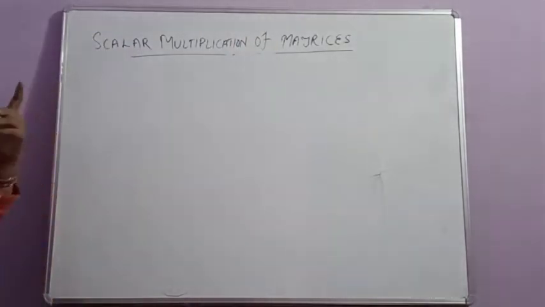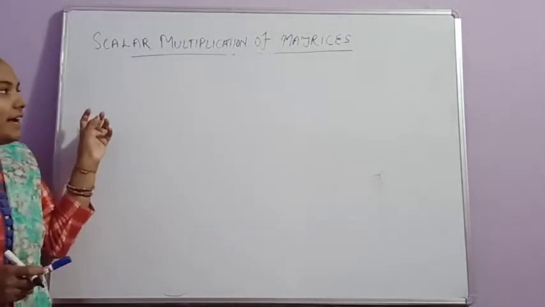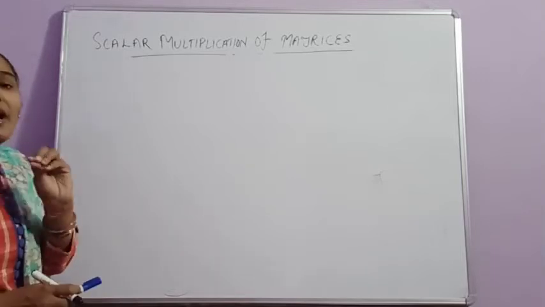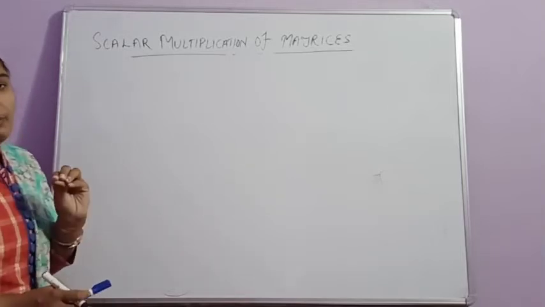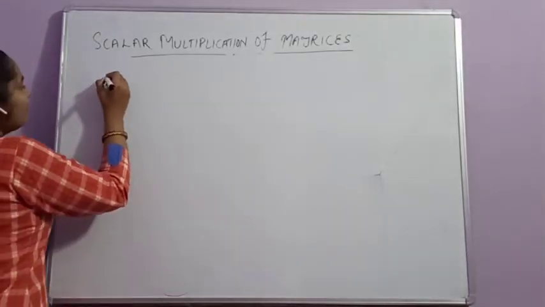Scalar means any constant number. If we multiply a matrix by a constant number, then we multiply each and every element of that matrix by that constant.